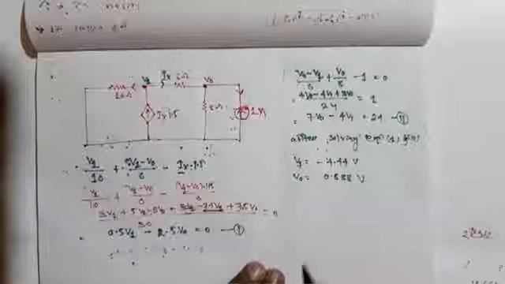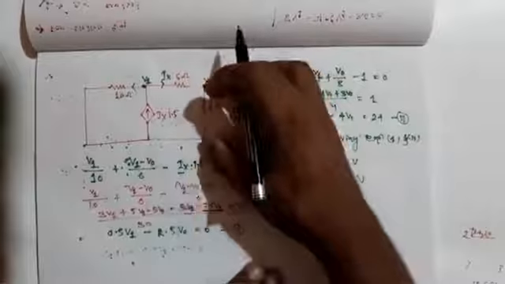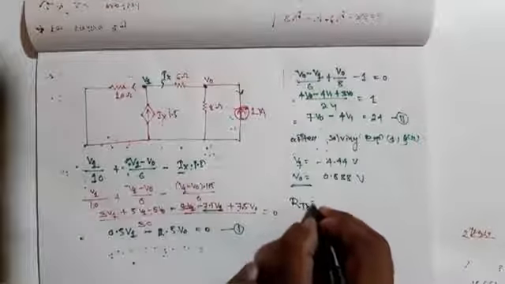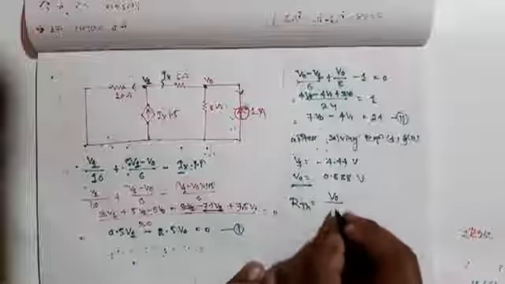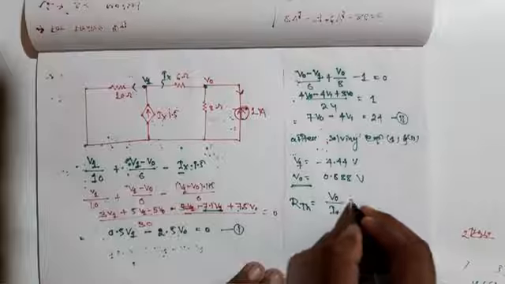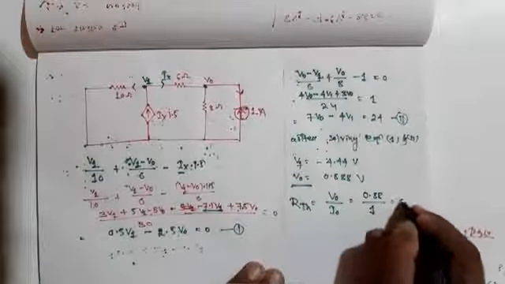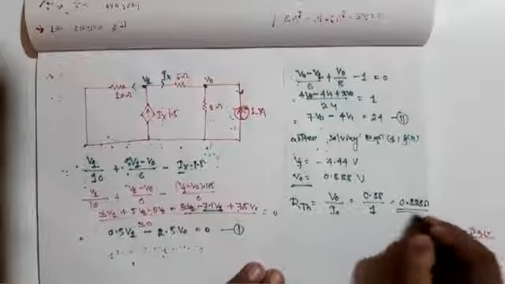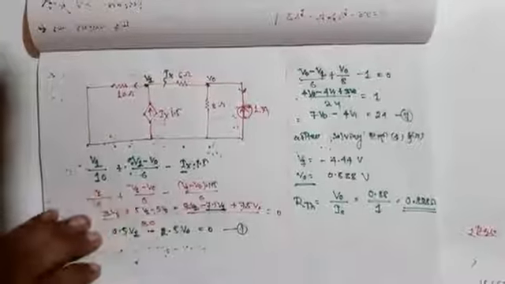V0 is the voltage across this dummy current source, so for finding RTH we take this voltage V0 divided by the dummy current I0. We put 0.88 divided by 1, so this is 0.88 ohm. This is our Thevenin's resistance.